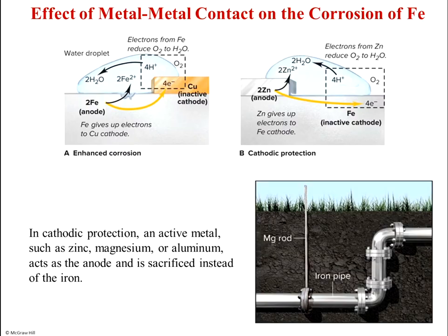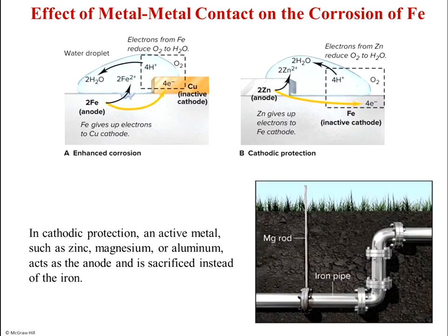So we can put the iron in contact with zinc, and that's shown here on the right-hand side, cathodic protection. The zinc can be used to galvanize the iron. So we have galvanized iron, we'll have zinc in contact with it. The zinc then becomes a sacrificial metal.